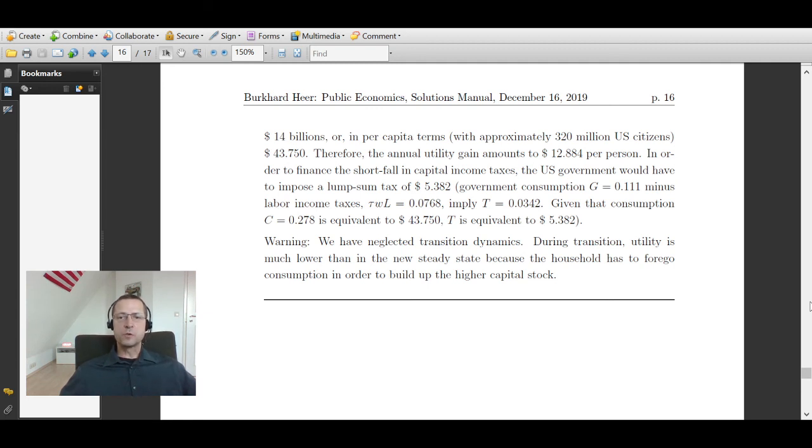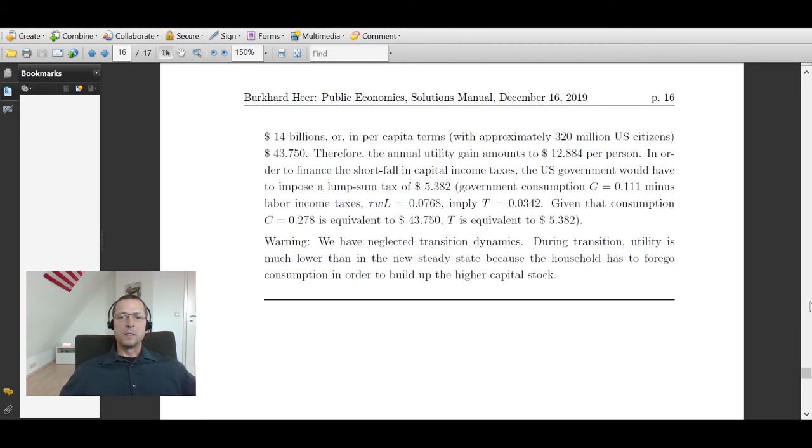So in per capita terms, if I assume that we have about 320 million people in the US, this amounts to $43,750 per person. 29% of this is equal to $12,884 per person.